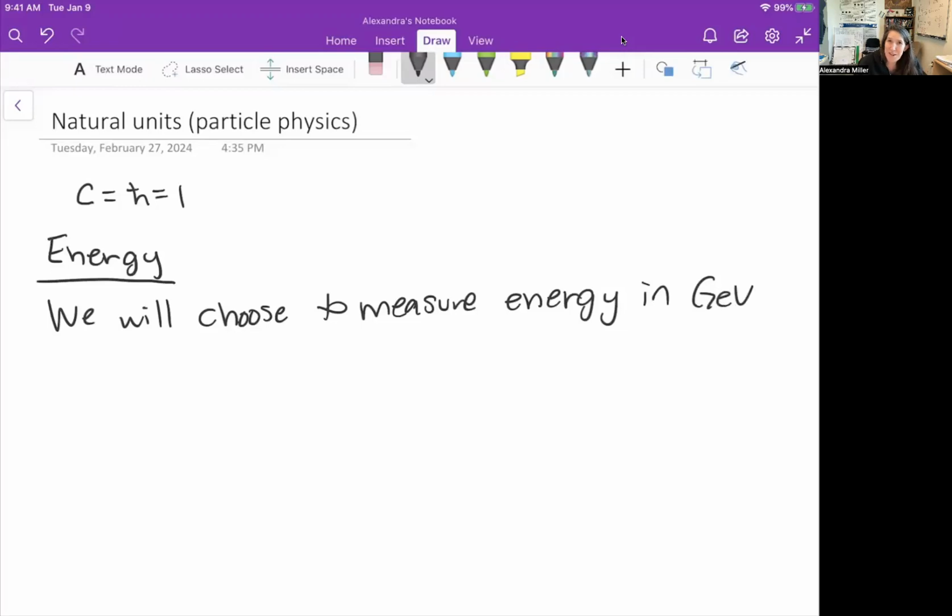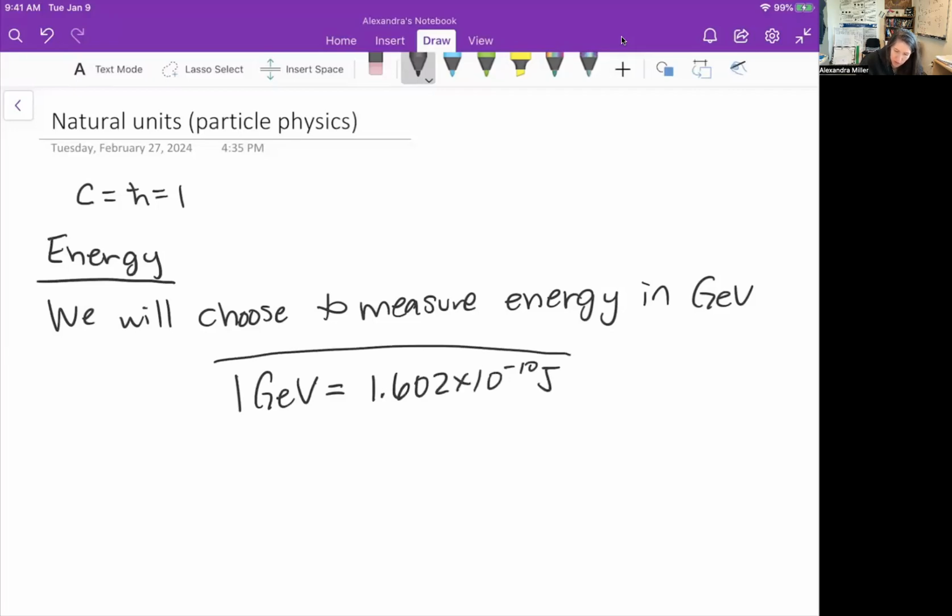And in case you're more used to working in SI units, which is joules, it'll be useful to recall that 1 GeV is equal to 1.602 times 10 to the negative 10 joules. Again, this is just a standard unit convention here. I'm actually not doing anything new. I'm just saying we're going to work in GeV, and joules, which you might be more familiar with, are related to GeV like this. And we'll need this.